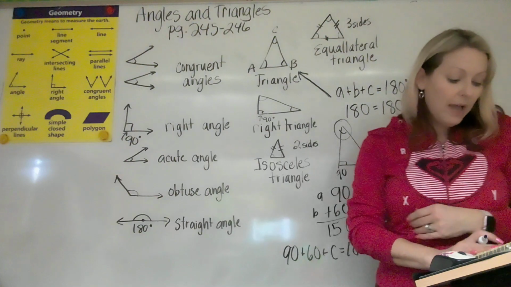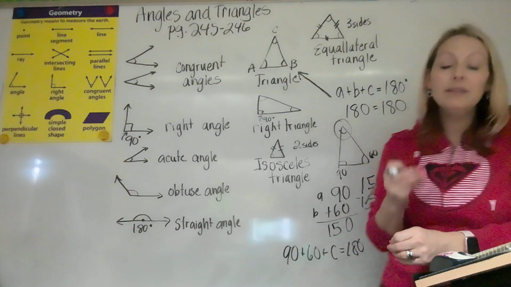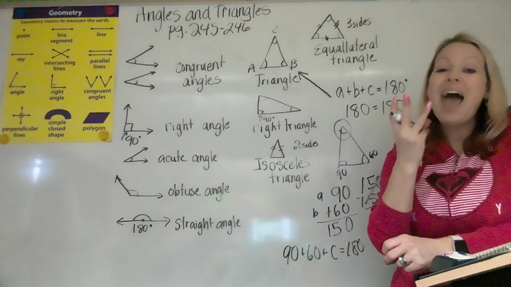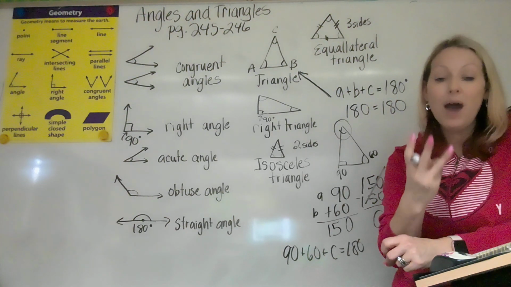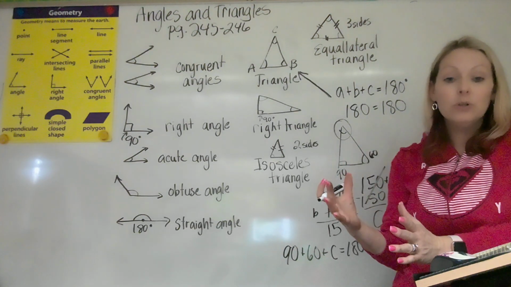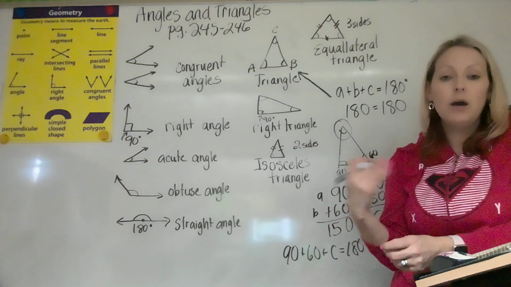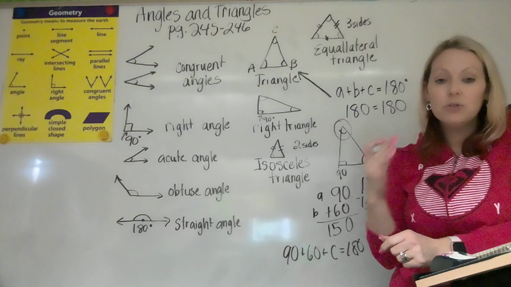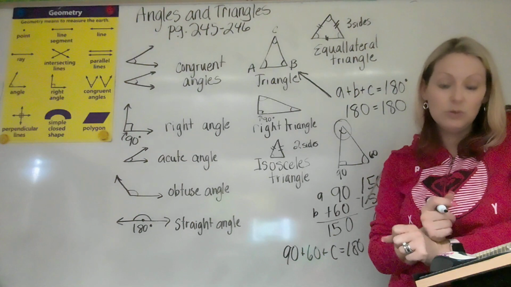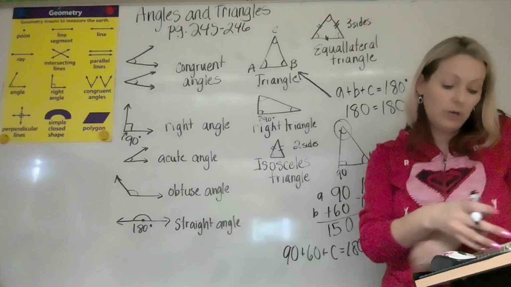So I want you guys to go ahead and do B, C, and D. Now remember, once you get the answer, double check, and if you add the two they gave you and the answer together and you get 180, then you know that the answer you got is correct. So you have to make sure that you add them all up, okay? So then go ahead and do 3. That asks you some questions. 4 has you rename those figures that we learned from yesterday.